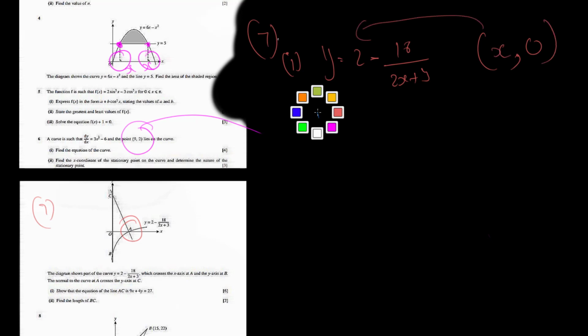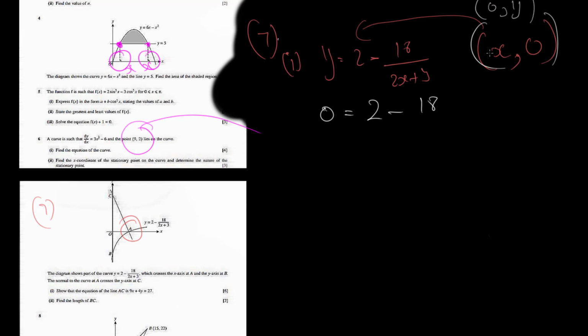To find the equation of the line AC, first we need to find the coordinates of A. Now we know that the curve y is equal to 2 minus 18 over 2x plus 3 crosses the x-axis, and at the x-axis the coordinate of y is always 0. So I can replace y in my equation and solve for x: 0 is equal to 2 minus 18 over 2x plus 3.